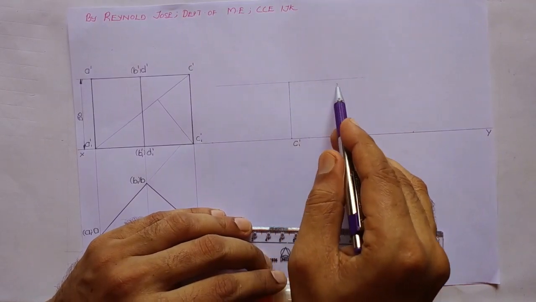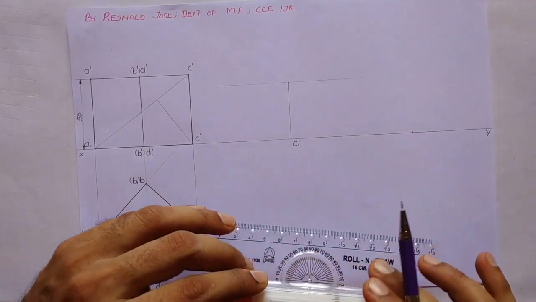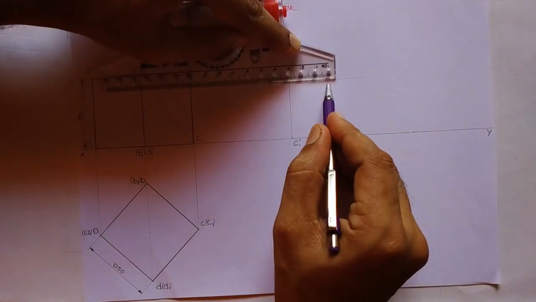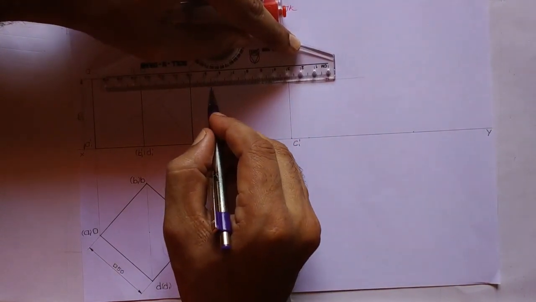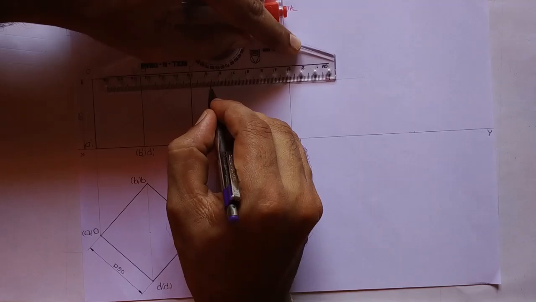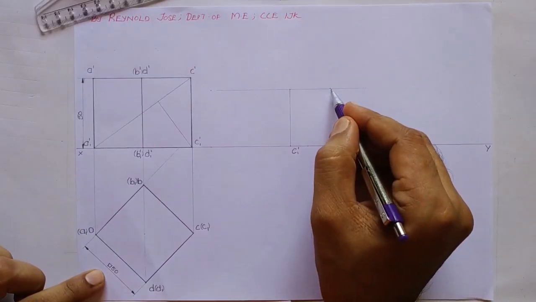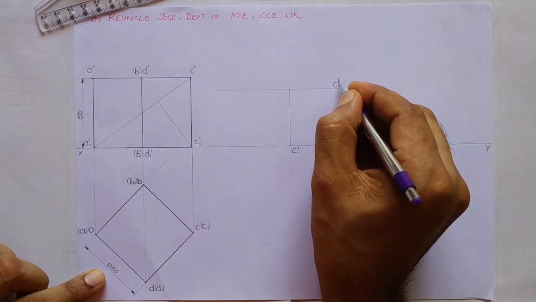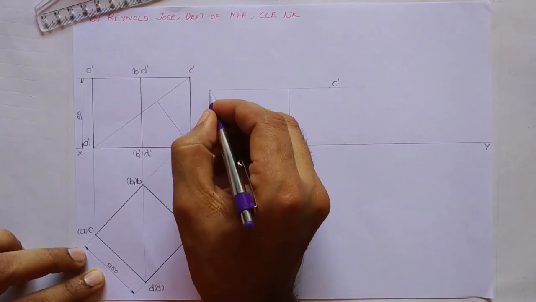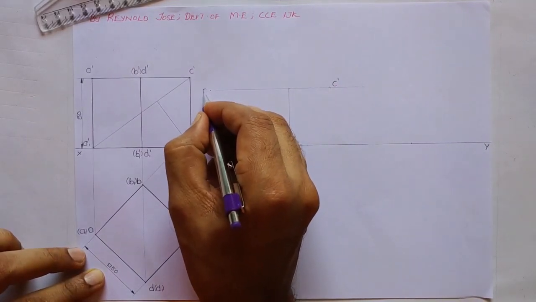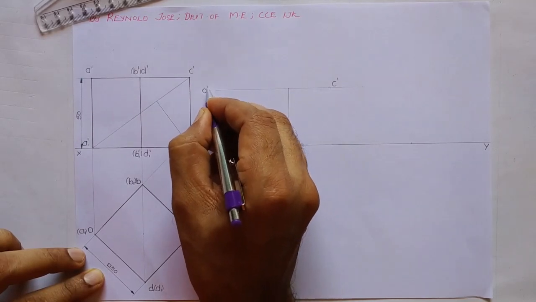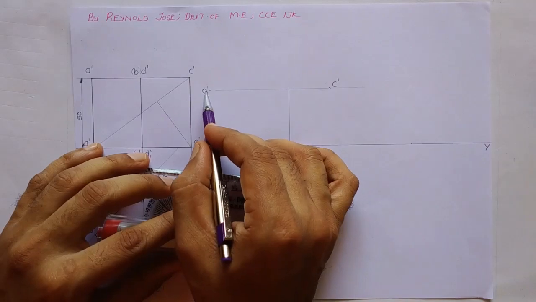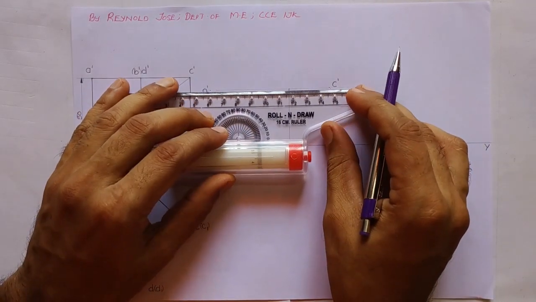Now to the right hand side, let us take 29 mm. And from this right hand side to the left hand side, let us take 86. So this point will be C dash. And this point will be A1 dash. So A1 dash C dash is our body diagonal. So let us connect it up to this dot.